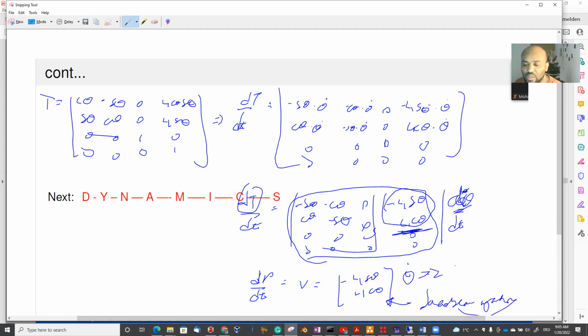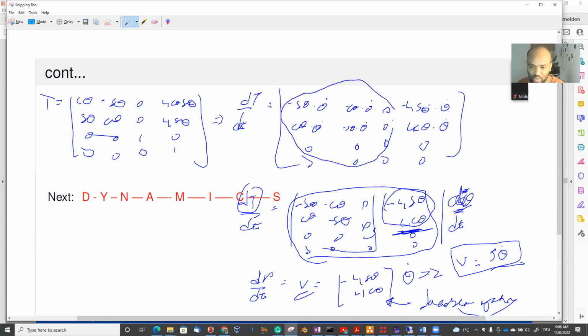So velocity equals the Jacobian matrix times theta dot. What does this mean? There is a linear velocity, which is called v. This is a rotational velocity, and this is a linear velocity.